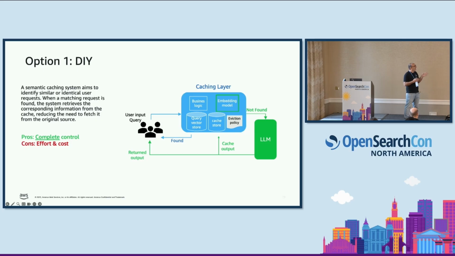Now, I want to highlight that there is a kind of a paradox here. The paradox is that while we're trying to reduce latency, introducing caching actually introduces latency. For example, let's think of a query for the first time in our system. Instead of straight invocation to the LLM, I still need to first embed that request, check it against the store, and only then would I go into invoking the LLM.